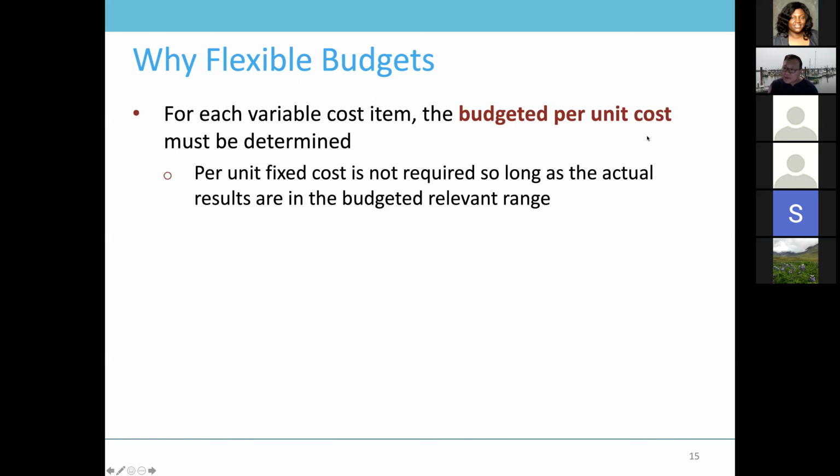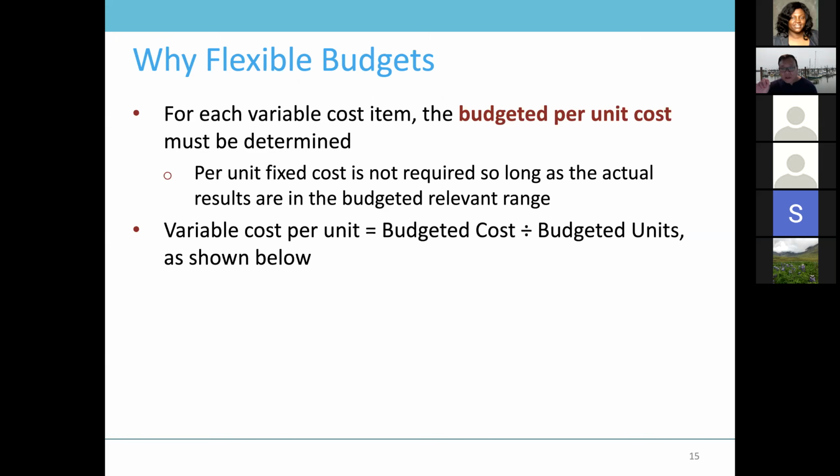We have to figure out the unit cost for the variable cost. For the fixed cost, we assume in that budget range, the relevant range, the fixed cost doesn't change. So we don't have to calculate the unit cost of the fixed cost, just the variable cost, okay?